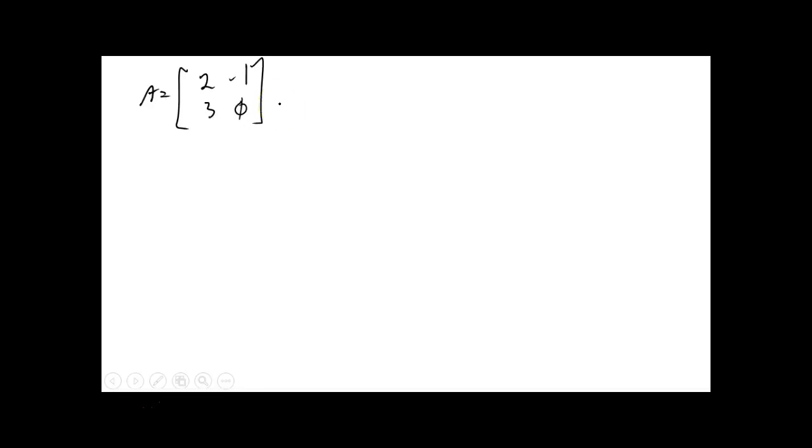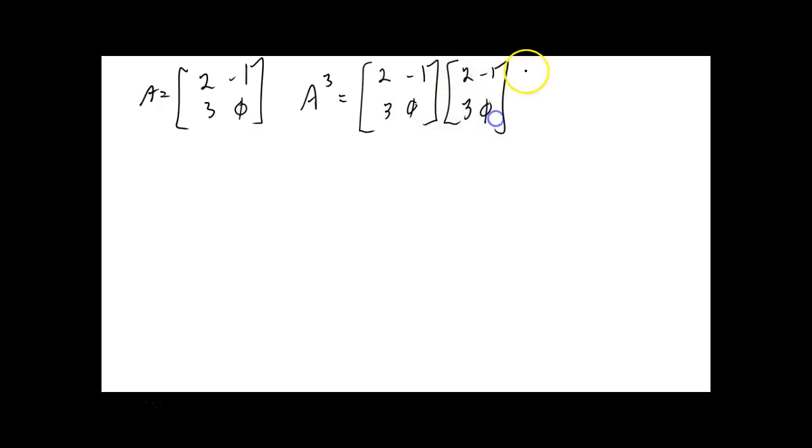Okay, what we want to find is A cubed, which of course will be A times A times A. A is 2, -1, 3, 0 times 2, -1, 3, 0 times 2, -1, 3, 0. You can do these in any association that you want to, and since they're all the same, actually any order you want to as well.